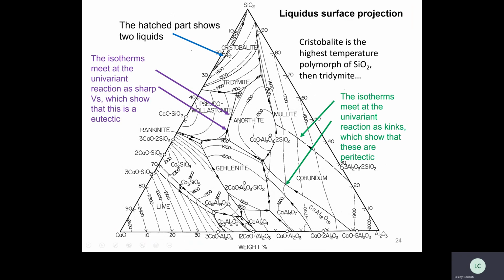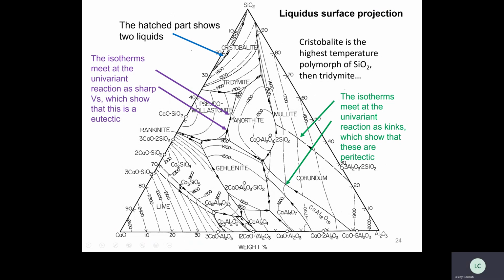If you come across the hatch bit there, that shows two liquids. If we look, it's two arrows going away. So we know that between there and there is one of those pseudo binaries. It's behaving like a binary, just that bit between there, not over here. And we know because of this sharp V that this is a eutectic.